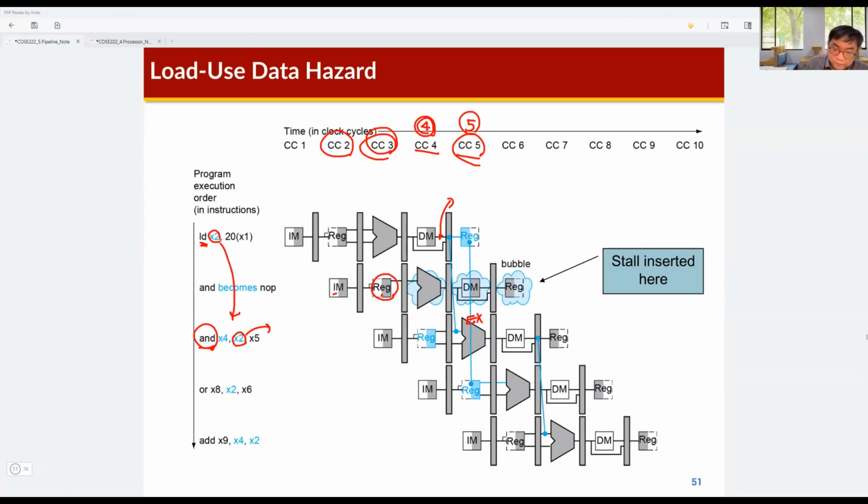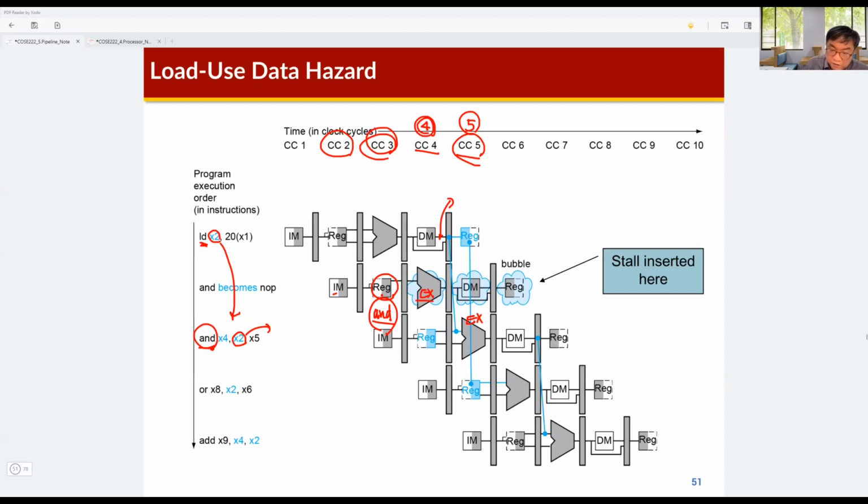So the pipeline stalls. That means for one clock period, the add instruction remains in the ID stage. And what happens to the EX stage?